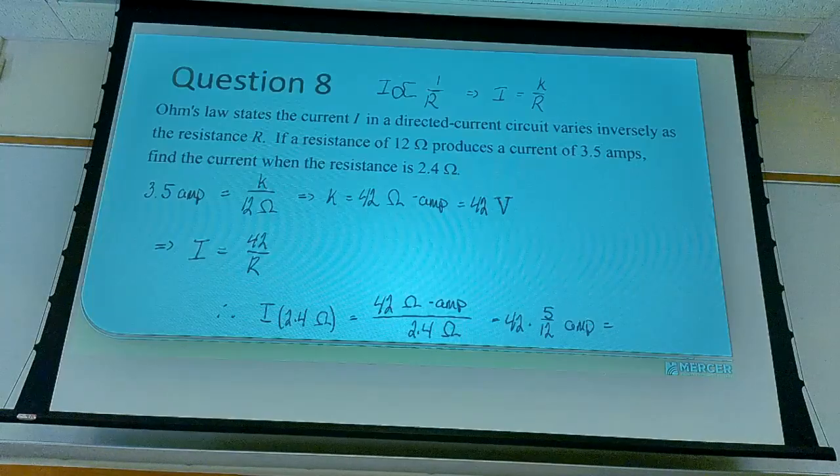And then what's 7 times 5? 35. 35 halves amps. Keeping it as a decimal because that's how the problem gave it to us, 35 halves is 17 and a half. Seventeen and a half amps.